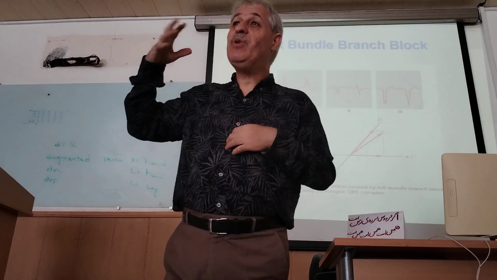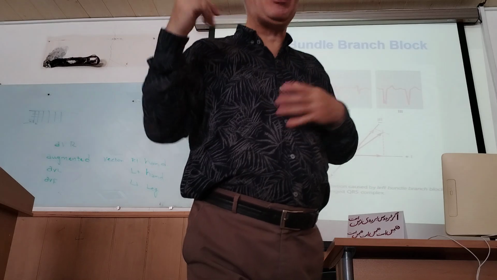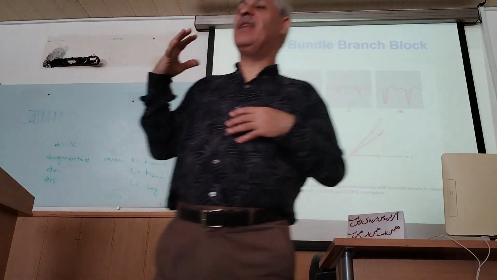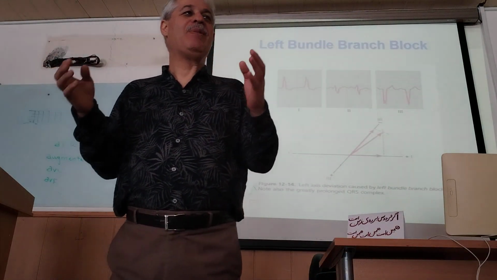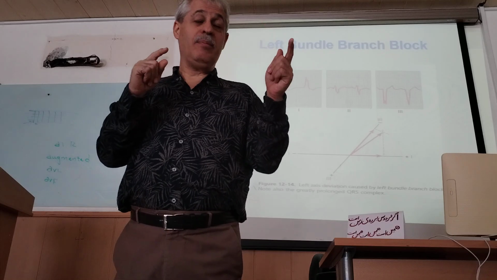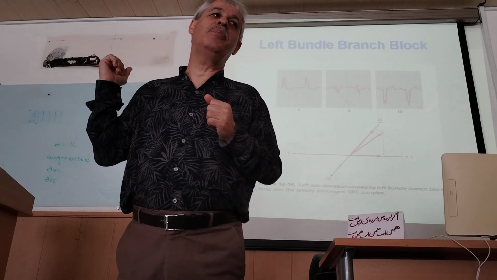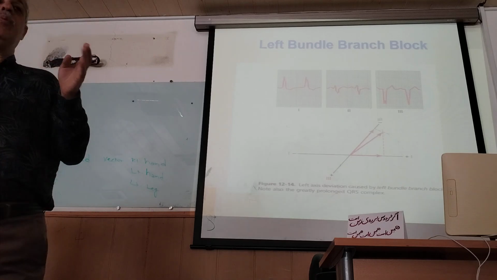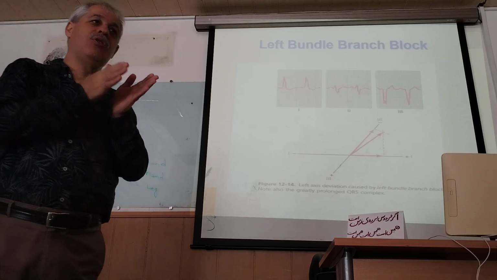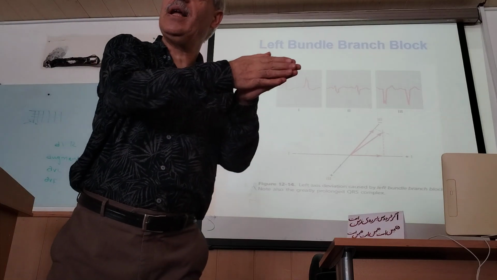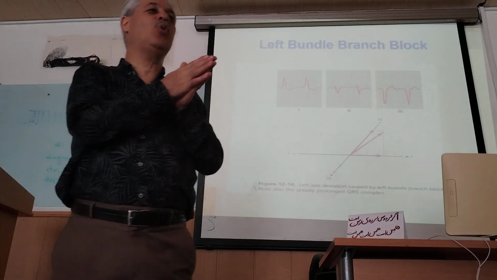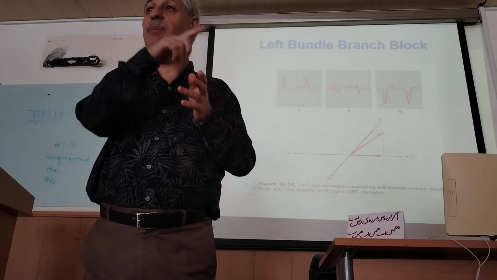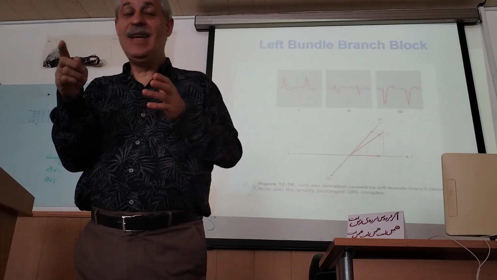I'm sure you haven't learned this part. Based on what we have learned in the previous session, when depolarization reaches the positive pole of an electrode or lead, you will have a positive deflection.